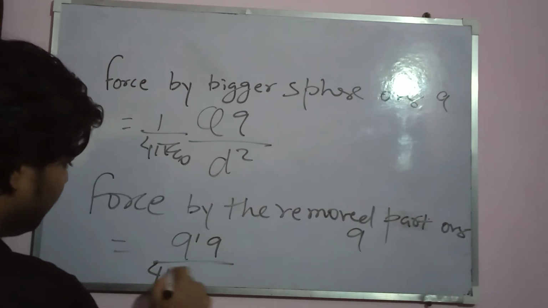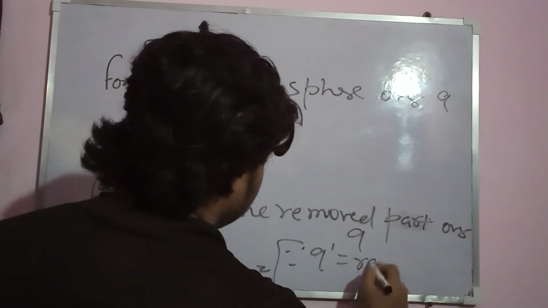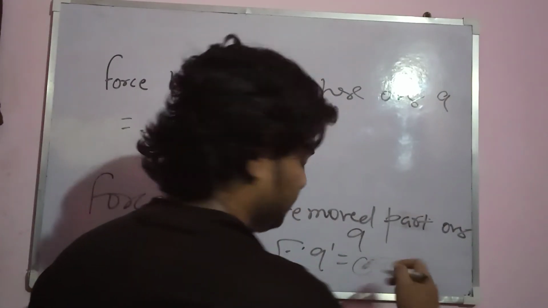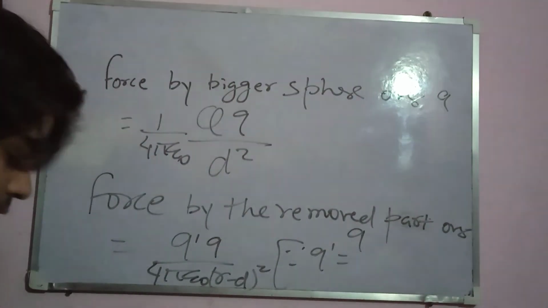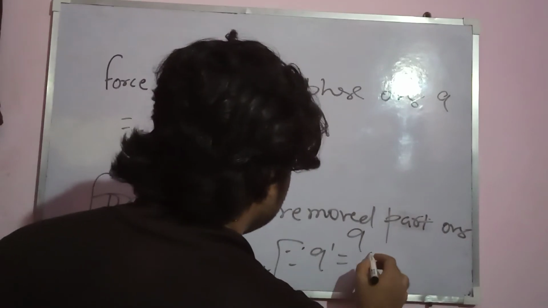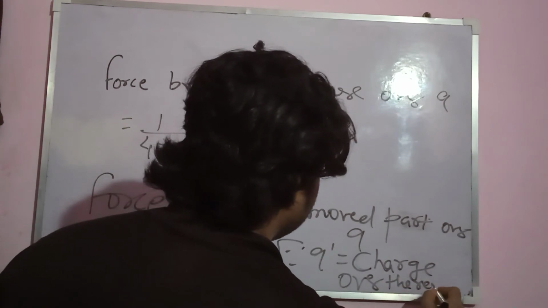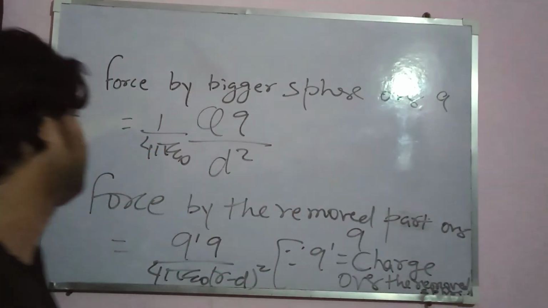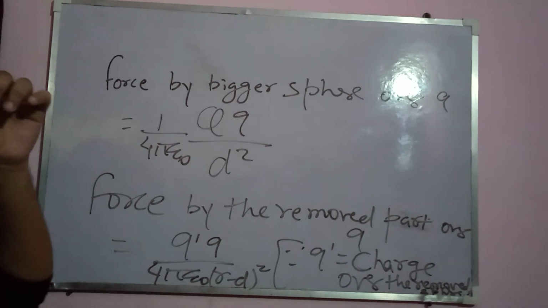Q dash by 4 pi epsilon naught, r minus d whole square, where Q dash is the charge and R is the radius of the bigger sphere. Then it will be R minus R by 2 minus D.